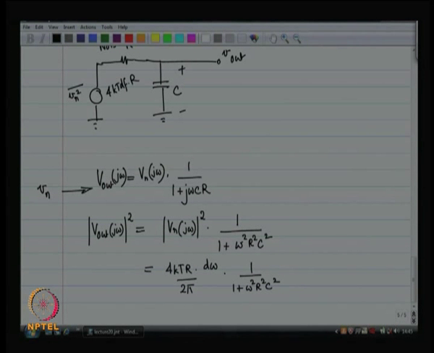So, this is what I have got over a small frequency d omega, small angular frequency d omega. If I look, I am going to get so much noise.